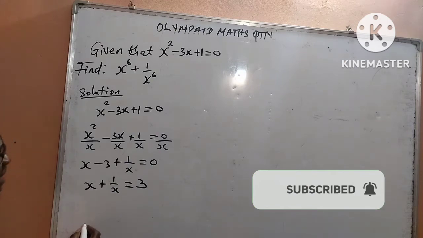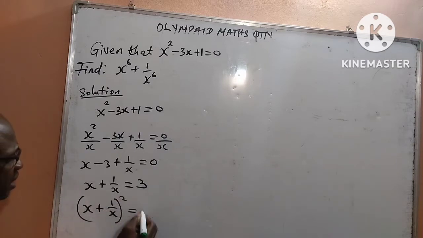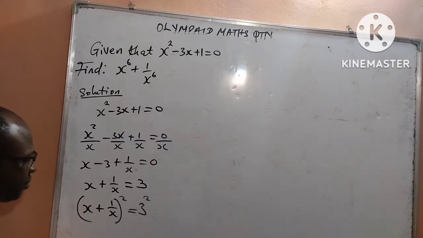And that implies that I shall now have x plus 1 all over x squared equal to 3 squared.